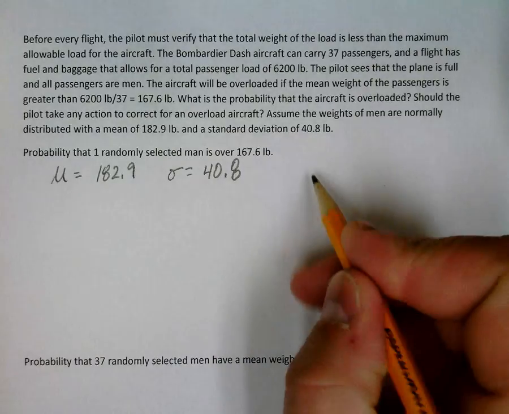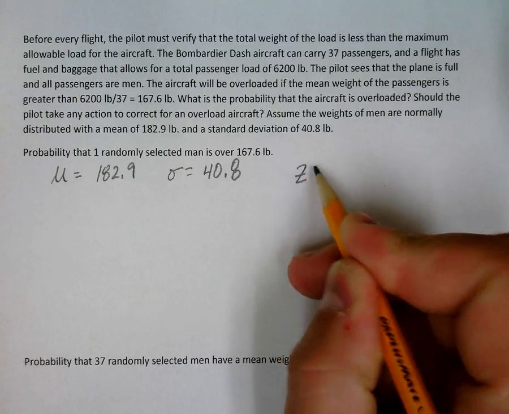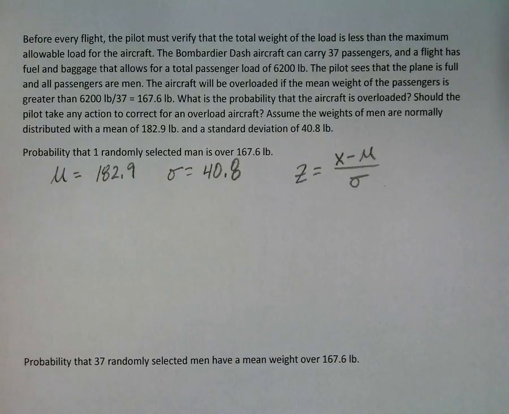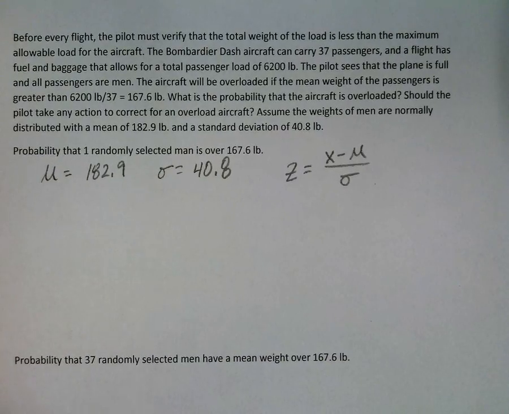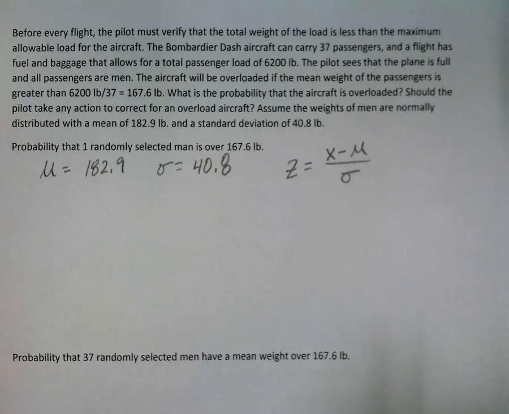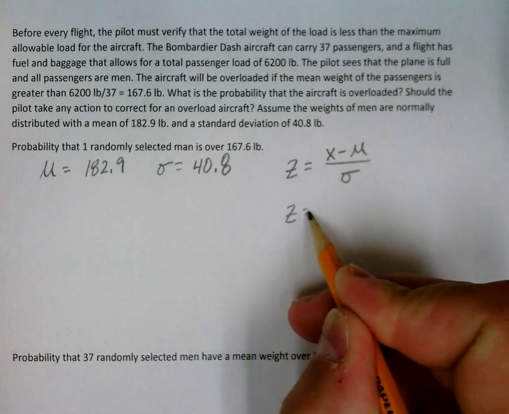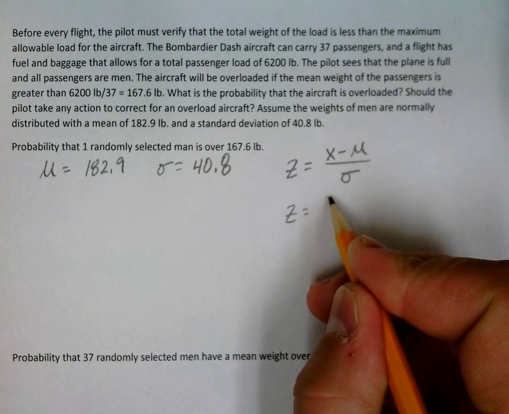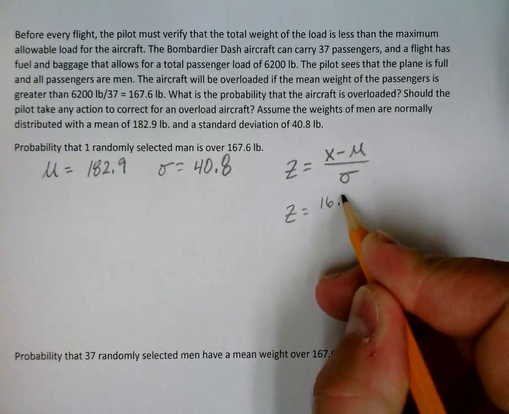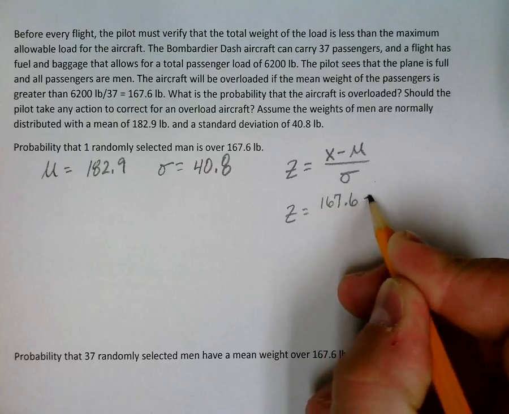So because of that, we need to use the z-score, which looks like this. Okay, and the z-score standardizes our data and it basically tells us how many standard deviations away from the mean we are. So we would want to plug in our value for x, which in this case is 167.6 pounds.